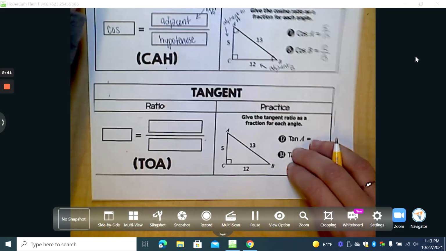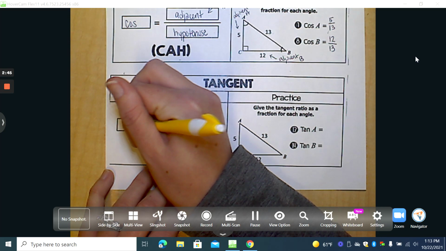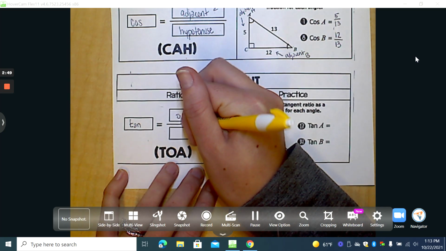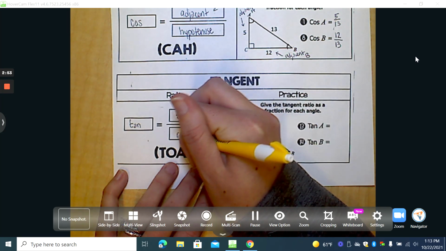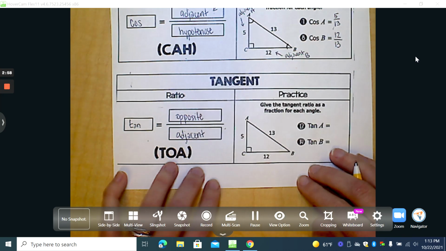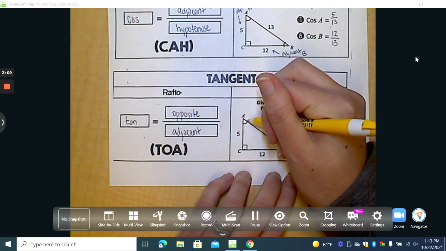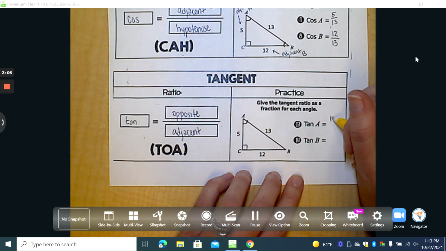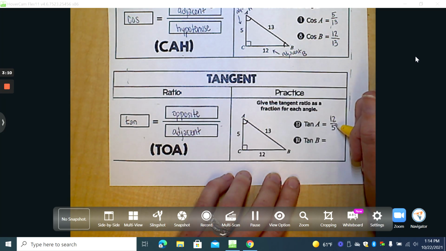The last trig function that we're going to learn about is called tangent. Tangent is not going to use the hypotenuse at all. Instead, it's my ratio of my opposite side over my adjacent side. And so when I'm talking about the tangent of A, my opposite of A is 12, and my adjacent of A is 5.